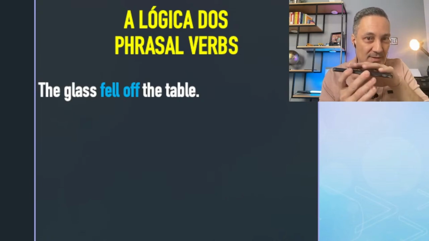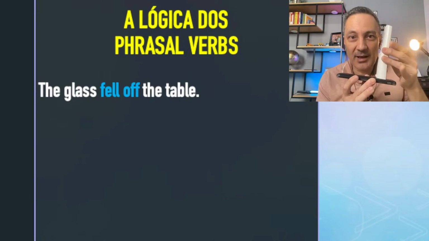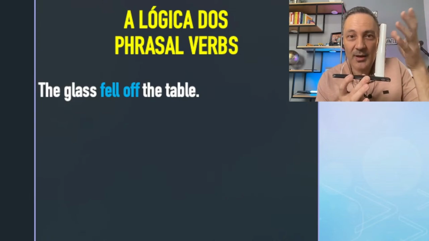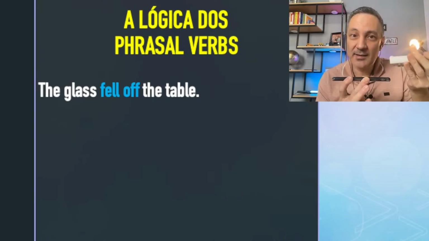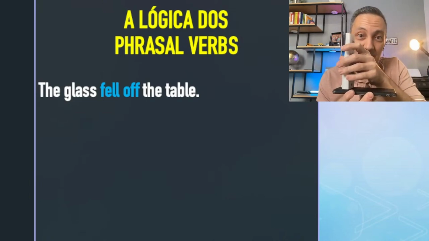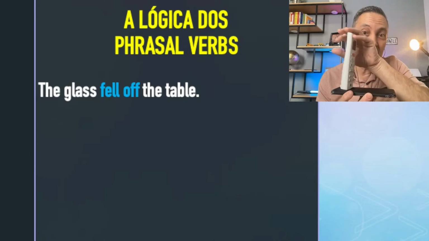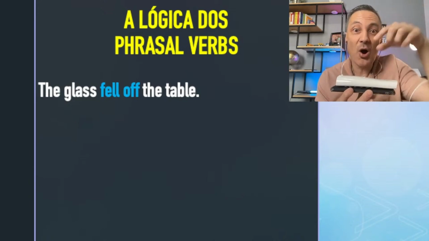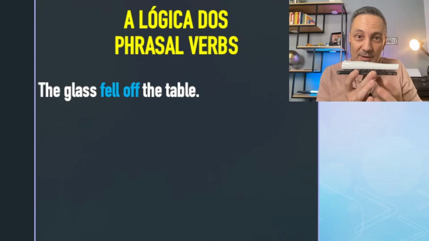So this is the table. My glass is on the table. If I knock on the glass and the glass falls, the glass could be here. I could knock on the glass and the glass could fall on the table. You see?